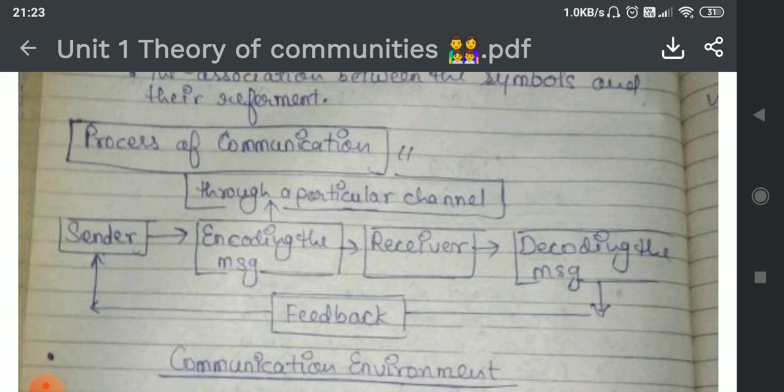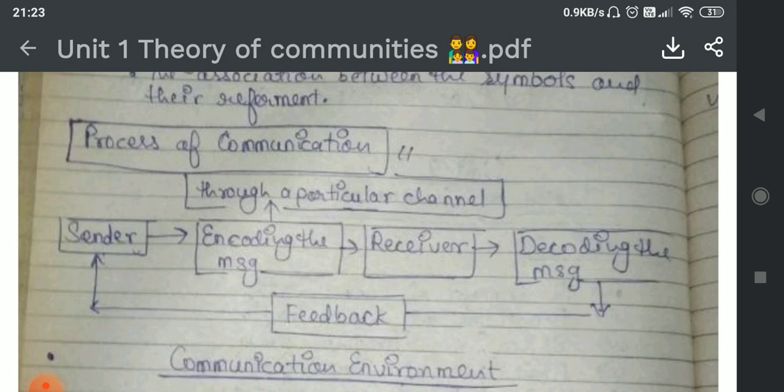Decoding basically means that in this part the receiver tries to understand the message. Then feedback: based on his understanding he gives feedback to the sender, and we come to know whether the communication process is a success or not through feedback only.